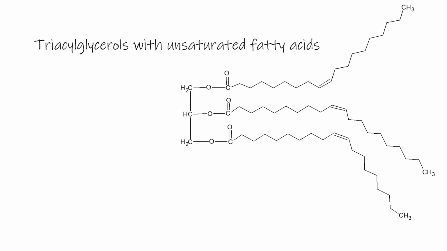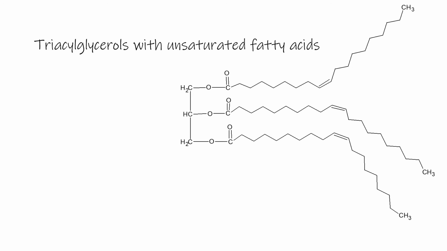So let's look at another example of a triglyceride. This example shows the fatty acids having a cis double bond in there, so it puts a bend in it. And so if you look at this structure right here, this would be considered an oil.